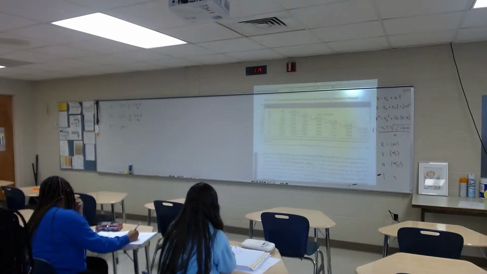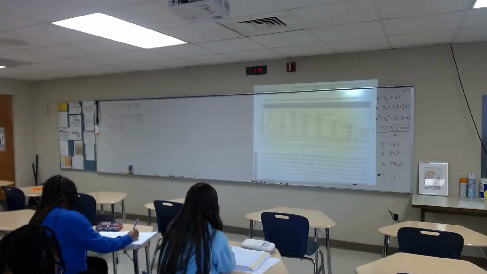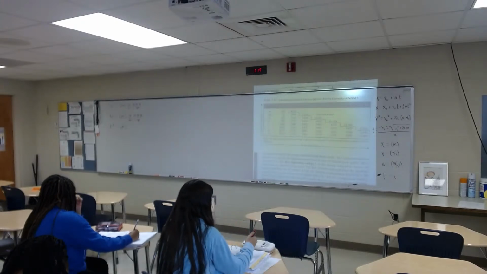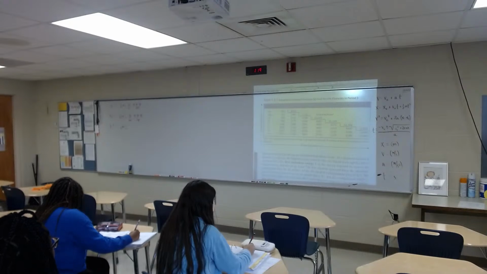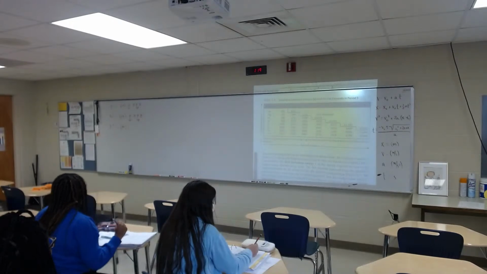How many electrons does each one of them have? They each have 18, correct? Chlorine gained one, argon stayed the same, potassium lost one. So they all have 18 electrons.